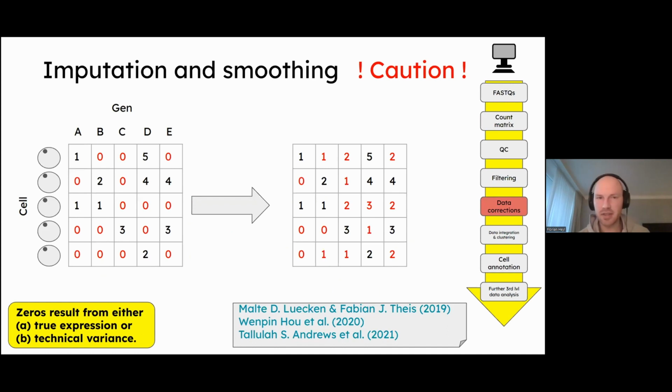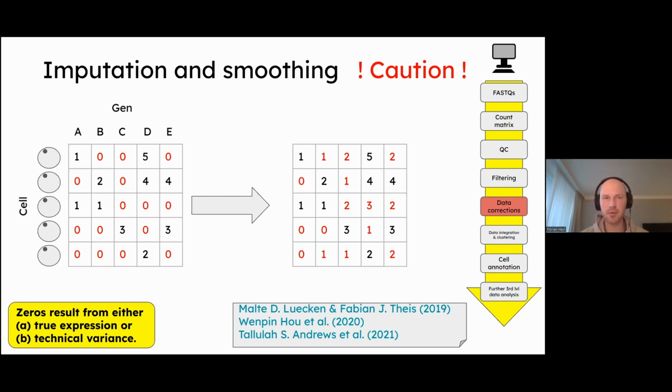Then there is another step, and here I point out, be careful to use it. It's quite often wise to first do your data processing and your data analysis without it, and then try it out and see if this improves your later results.